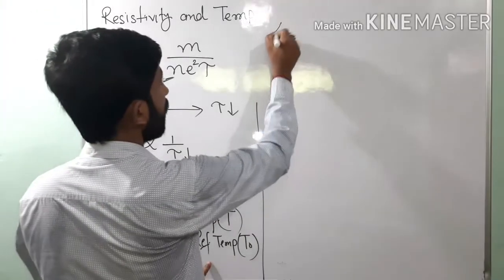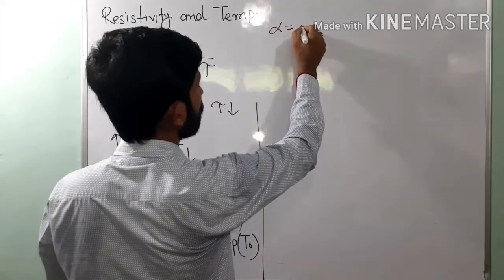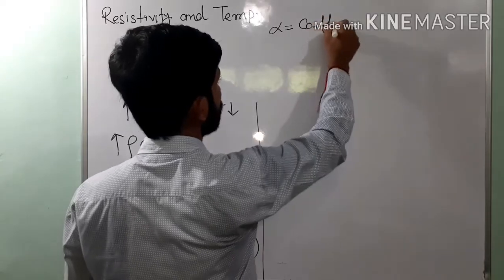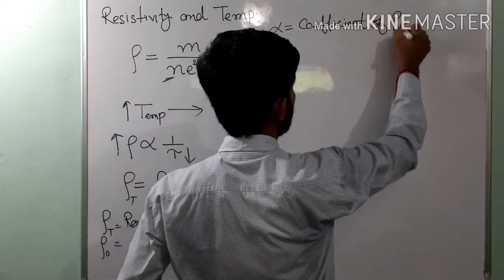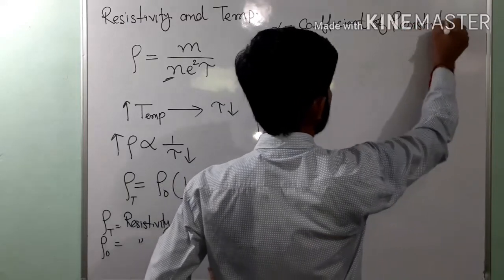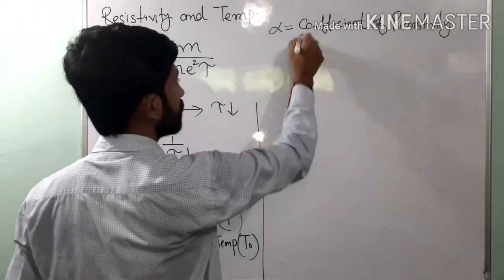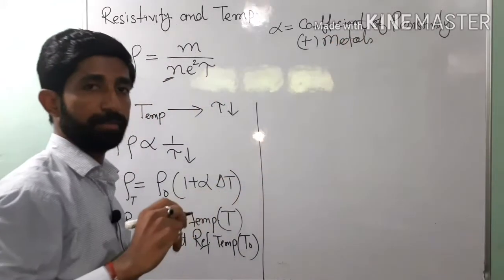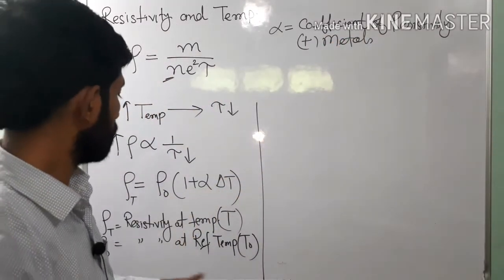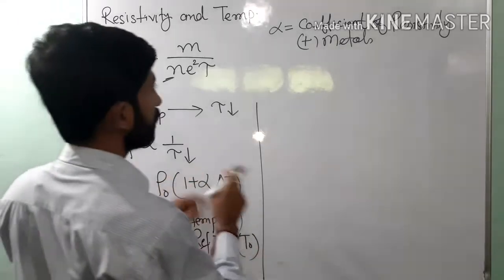And alpha is the temperature coefficient of resistivity, and this is positive for metals. We shall come to this alpha later on.